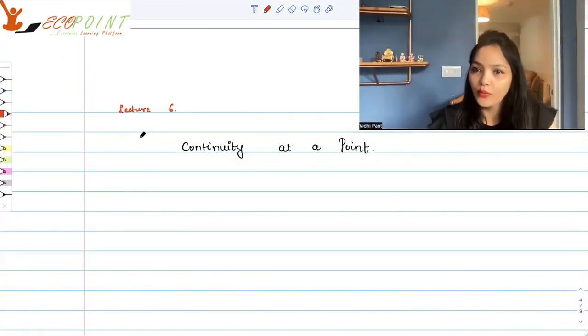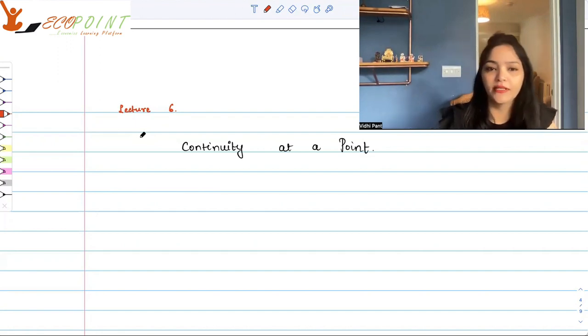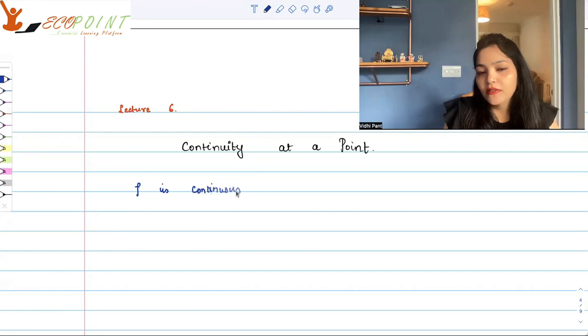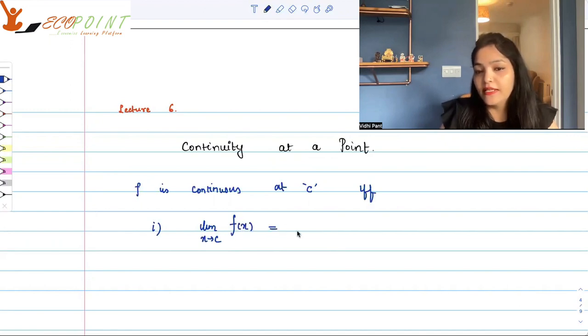Today we will be extending our discussion on the topic of continuous functions. Previously, we spoke about continuity at a particular point, relating it to limits. We said that a function f is continuous at a particular point, say c, if and only if, number one, the limit as x tends to c exists.